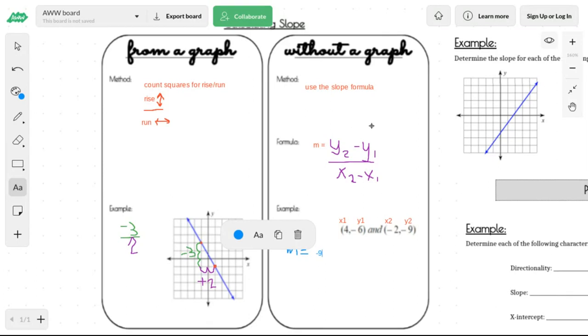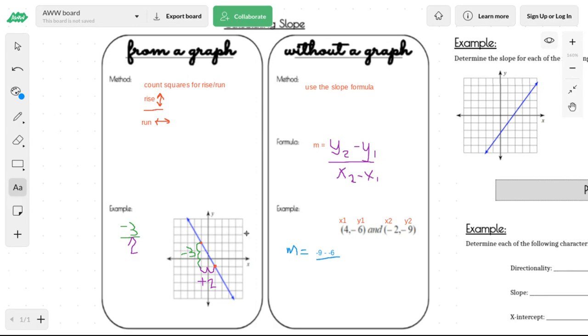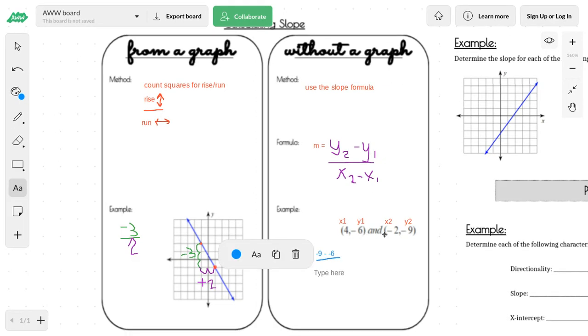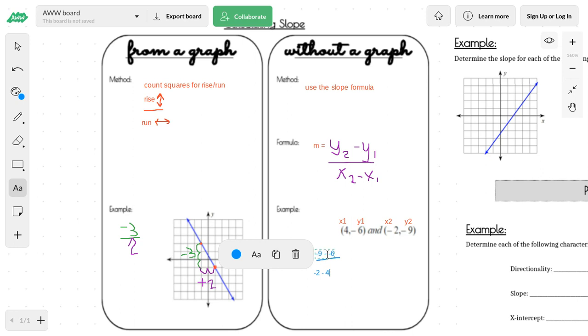And then I have minus y1, which is -6, over x2, which is -2, minus x1, which is 4. And so now I just want to simplify this once I have this all plugged in. So -9 minus -6. Well, minus a negative turns into a plus.